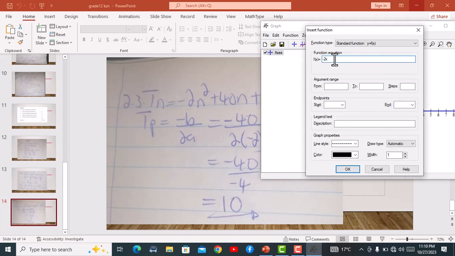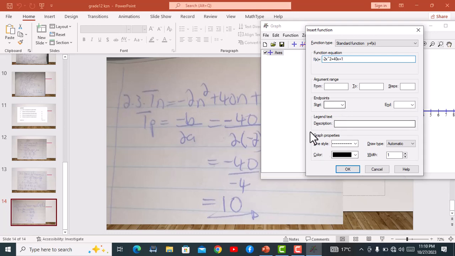I'm going to use x, -2x squared plus 40x, was it plus 1? Okay, let me just say plus 1.